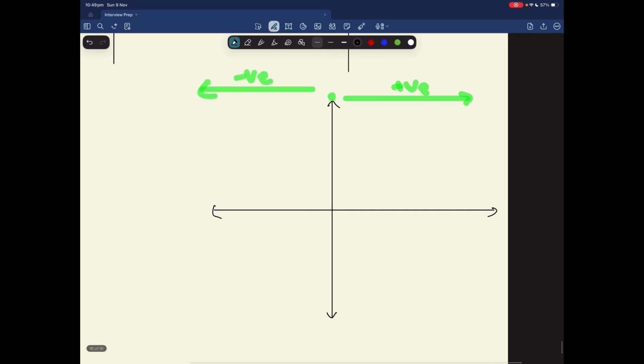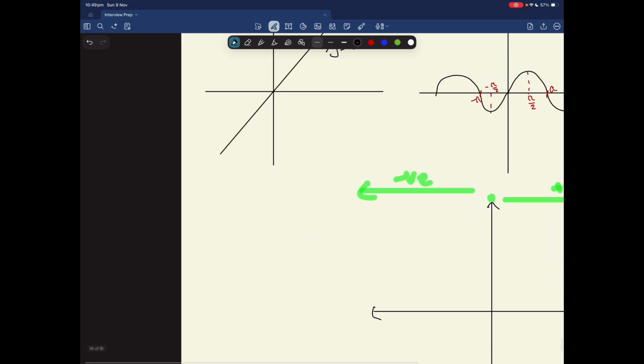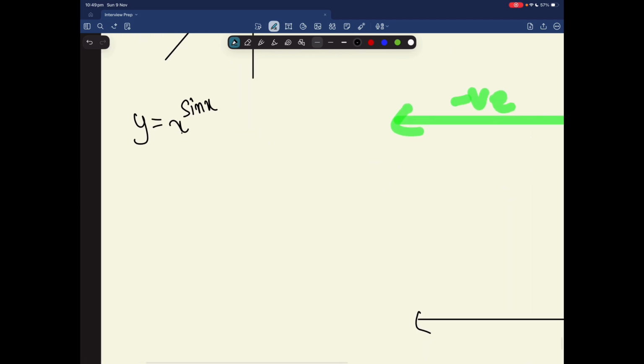So let's deal with the y-intercept first. So we have y equals x to the sine x. Suppose for the y-intercept, x would have to be 0, which means 0 to the 0, which is not defined, but we know that anything that's raised to 0 is 1.